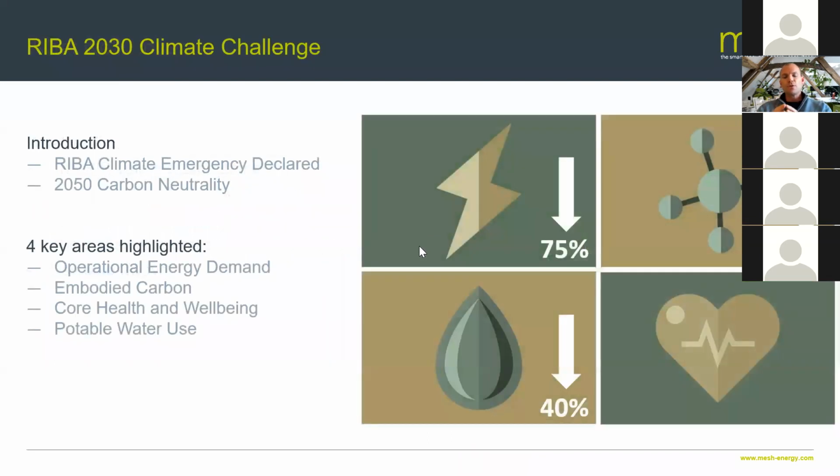So without further ado, as I say, I've based this around the climate challenge. If the climate challenge is new to you, the background is that RIBA declared a climate emergency back in 2019. A lot of local councils and the UK in general have declared a climate emergency, and the UK is committed by 2050 to get to carbon neutrality, or zero carbon, loads of other words used.